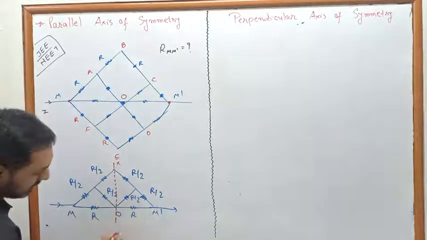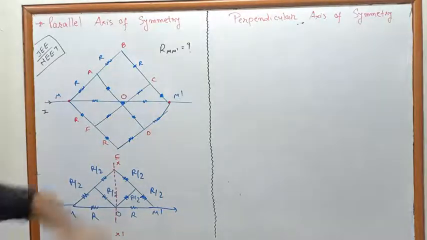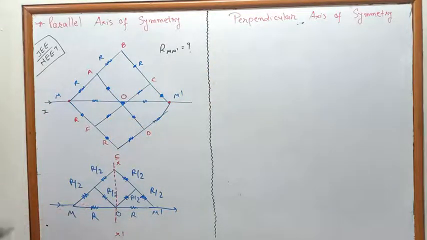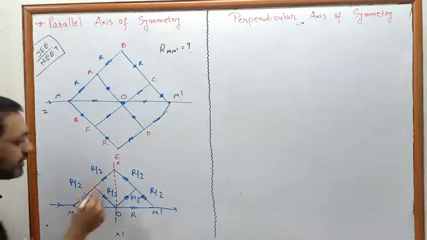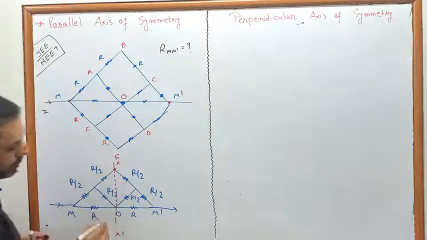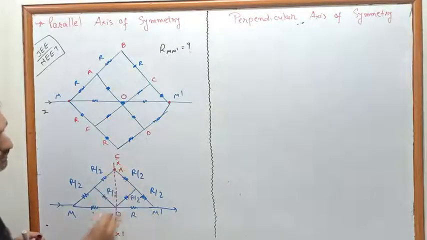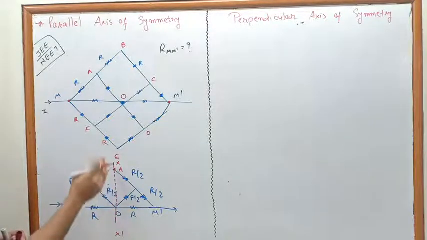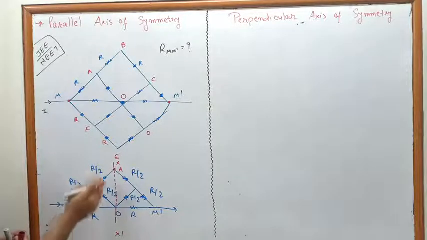I'll apply perpendicular axis symmetry over here in this network. So this point, suppose I'll give name A. I'll join A and O because this network is having symmetry about the x dash.